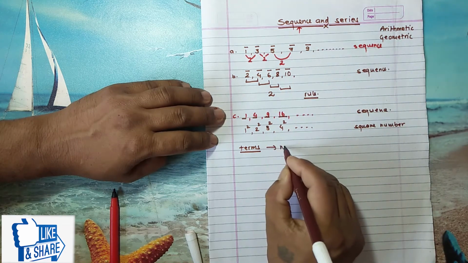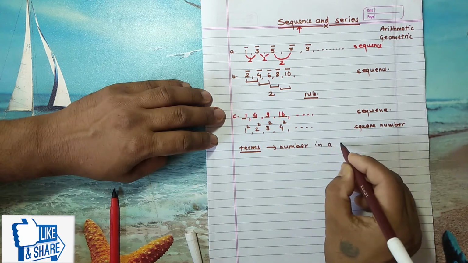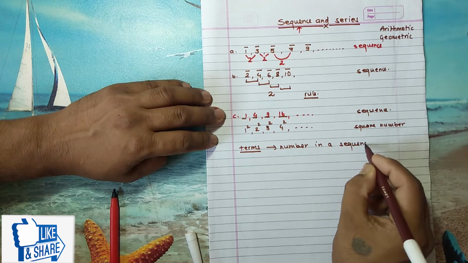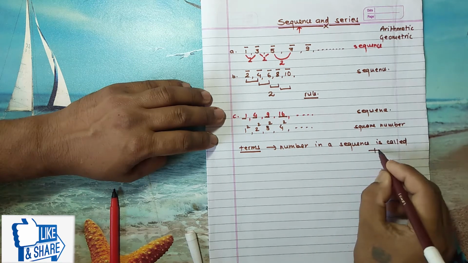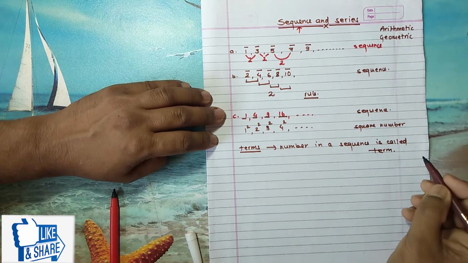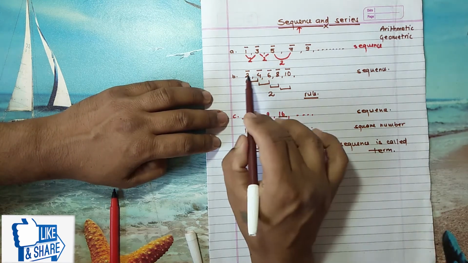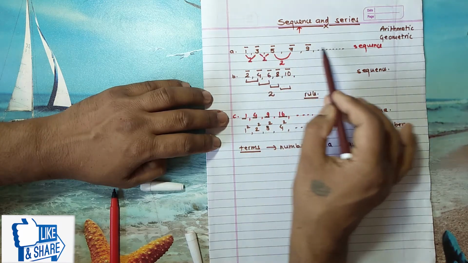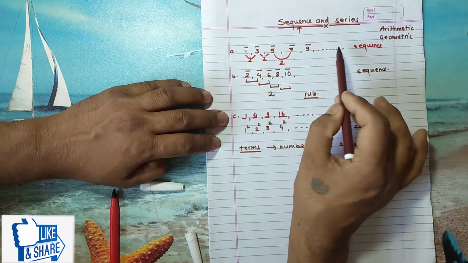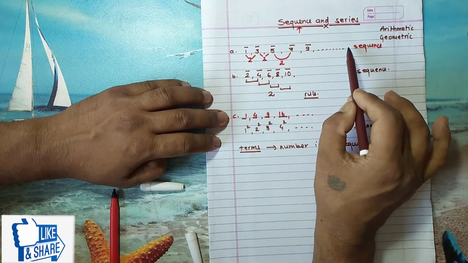Means a number in a sequence is called a term. Here we have 4 terms, here we have 5 terms, here we have 1, 2, 3, 4, 5 and so on. Means we are not clear how many terms we have.